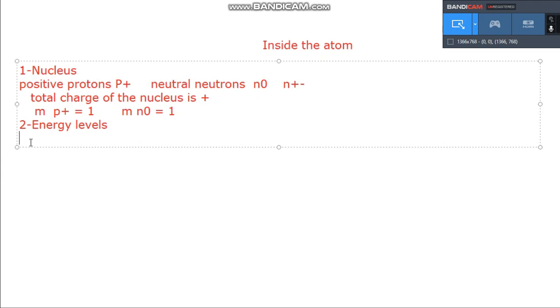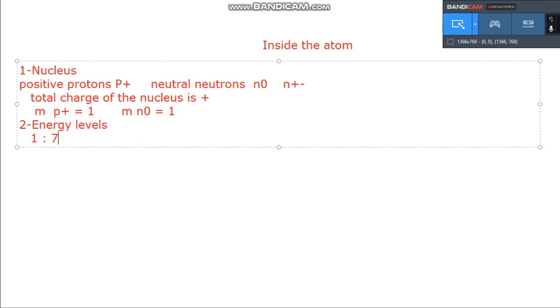Before we talk about what's inside the energy levels, the number of energy levels is from 1 to 7, according to the atomic number.